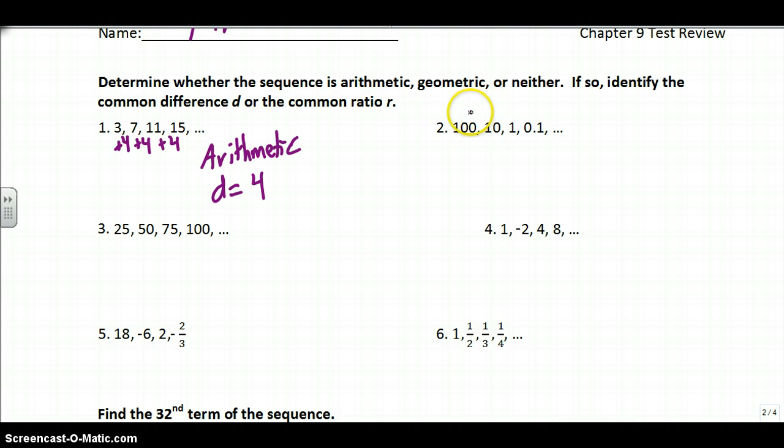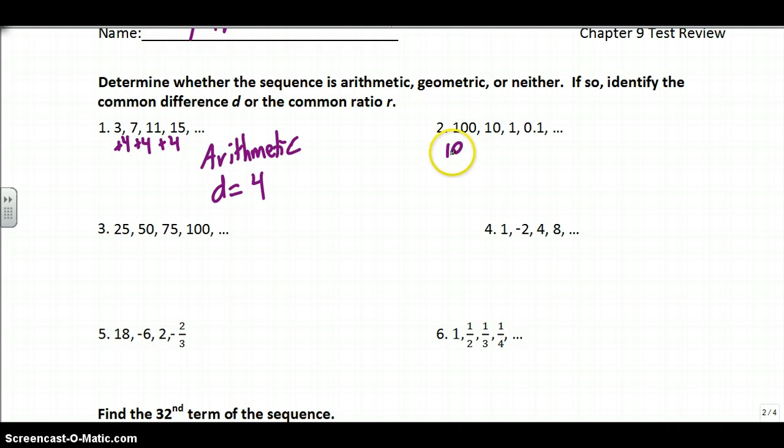Number 2. If I were adding, to go from 100 to 10, I would subtract 90, but to go from 10 to 1, I'd subtract 9. There's no way that's adding the same number. So it's not arithmetic. Could be geometric. If I take a term divided by the previous term, I should get the same number every time.